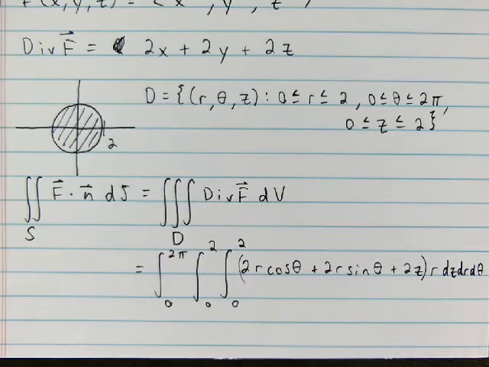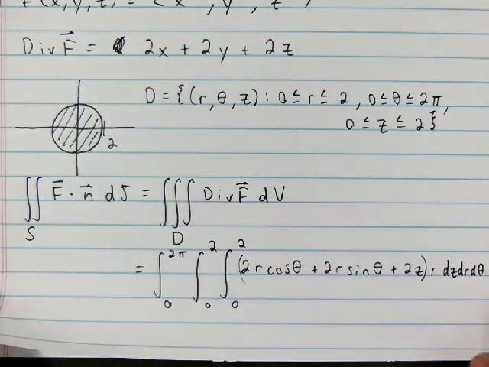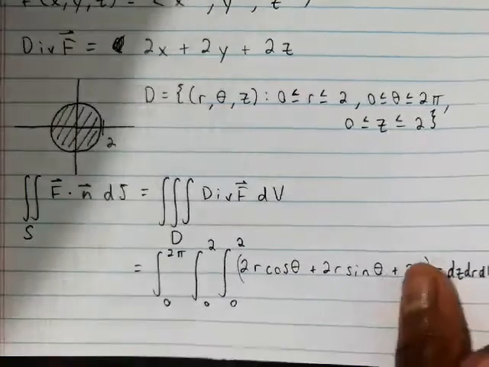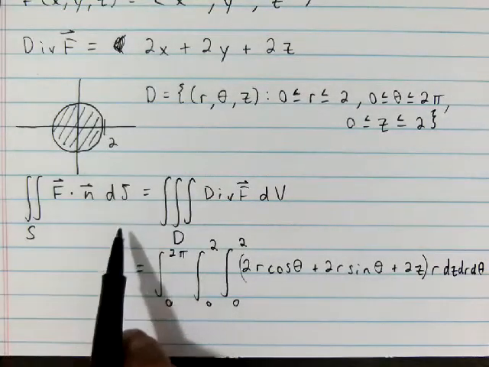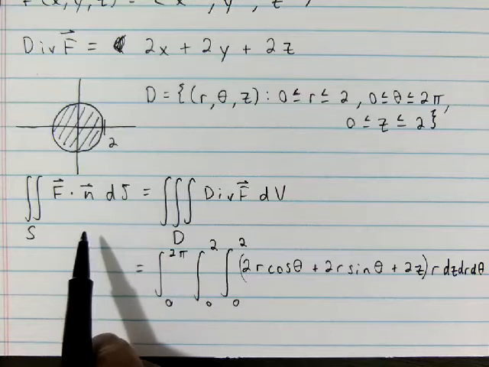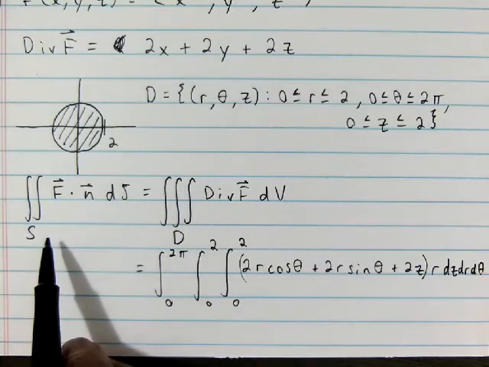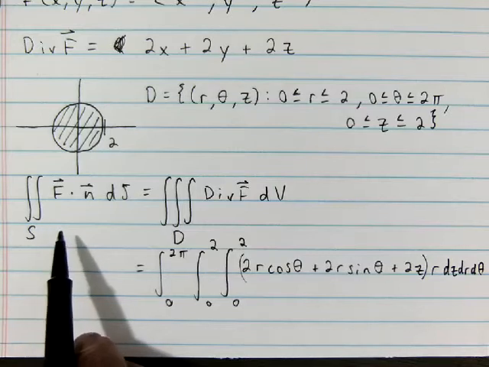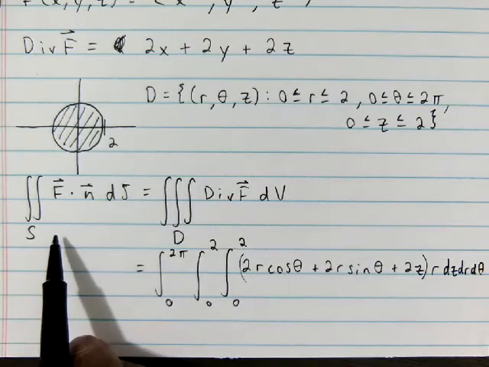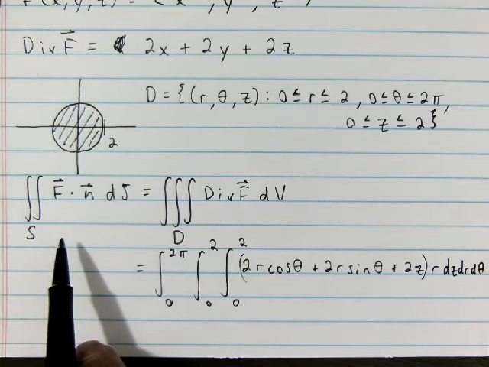All right, so let's look at another example. We will do number 23. Just to explain how this would go if we weren't using the divergence theorem, you would end up having to parametrize the top of the cylinder, which is just a plane, which is easy, the bottom of the cylinder, which is a plane, which is easy, and the sides of the cylinder, which is also fairly easy to parametrize.